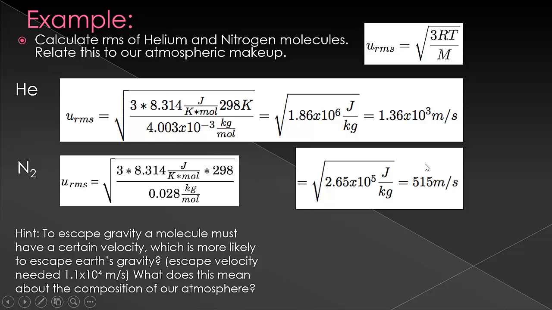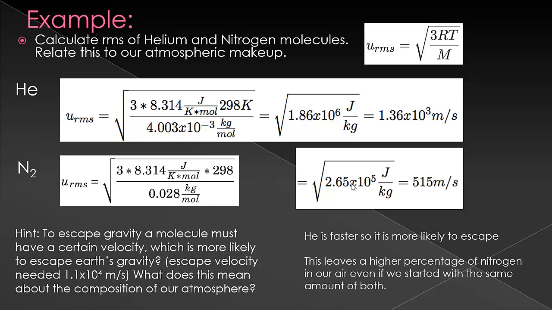Now, if we look at our nitrogen, that's very slow, so very few molecules of nitrogen are going to have that escape velocity. Therefore, most of the helium escapes, most of the nitrogen doesn't. It makes sense that our atmosphere has significantly more nitrogen than helium. Helium is faster, more likely to escape, leaving a higher percentage of nitrogen in our air, even if we had started with the exact same amount of both.